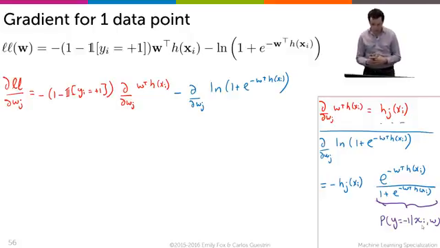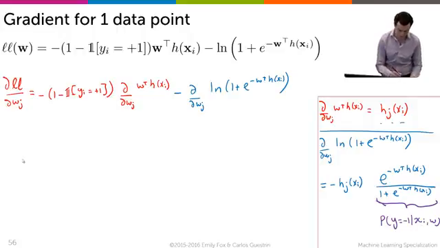So the result, if you plug these two terms in, is for the first term, the red term here, you get minus 1 plus 1 minus the indicator that yi is plus 1 times hj of xi.